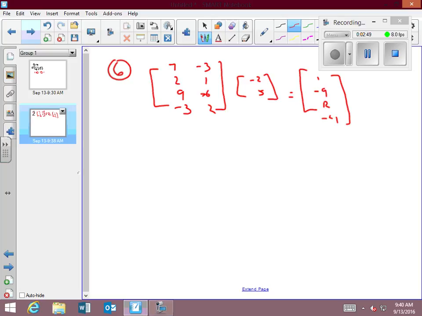So that one is a matrix equation. If we wrote that as a vector equation, this number right here is going to have to be multiplied by this vector.